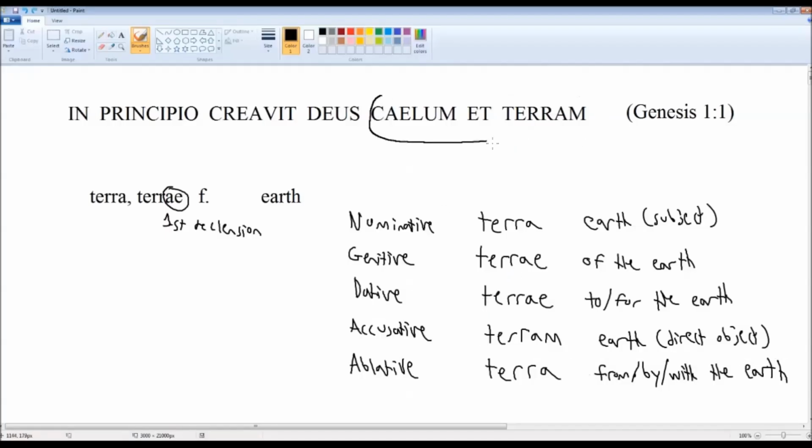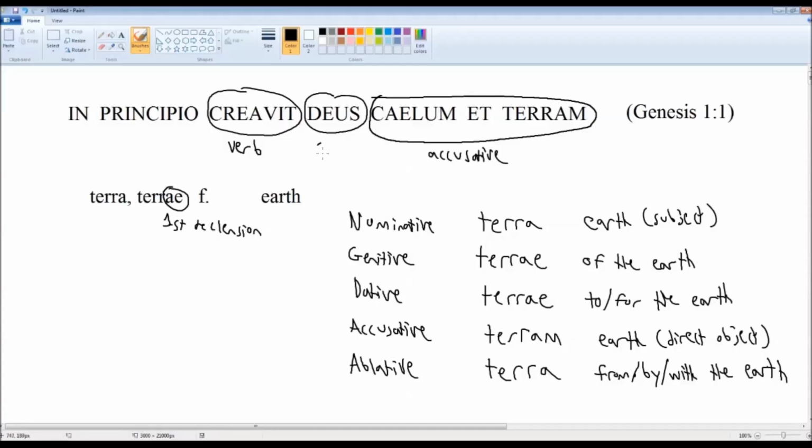So notice these are both in the accusative case. So heaven and earth is the direct object of the sentence. Creavit, created, this is the verb. God is the subject. And then here we have a prepositional phrase. This means in the beginning or in the principle. Okay.